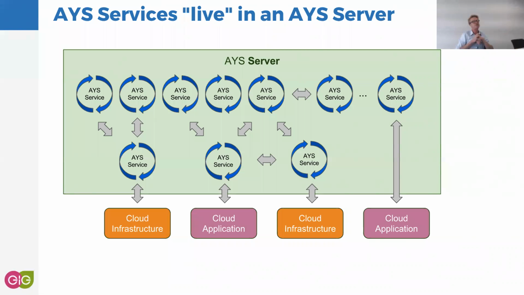Yes, it is, because that's of course quite nice, because an AYS service itself also has a life cycle, which we'll introduce later. And it's quite important that if you have an AYS service representing one specific application, it's very possible that the AYS service itself goes down, basically taking away all the management of the life cycle.